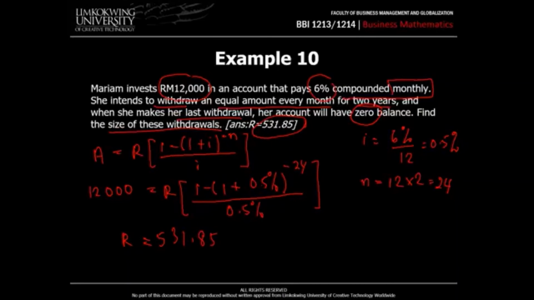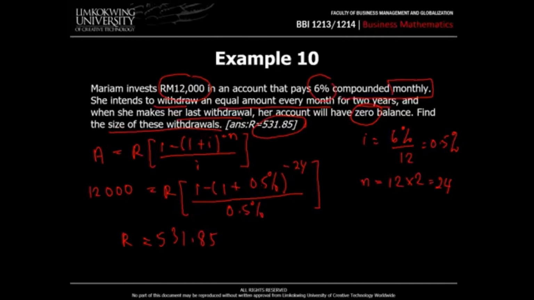Here, round up to 4 decimal numbers. So here you got 1 plus 0.5 divided by 100, to the index of negative 24. Then 1 minus the answer, divide by 0.5 divided by 100.